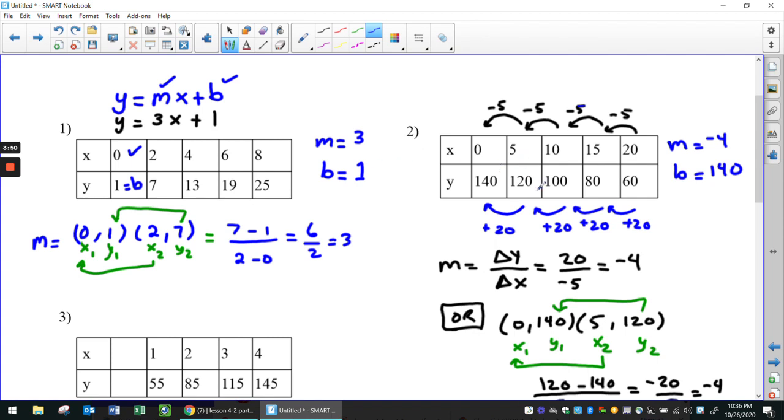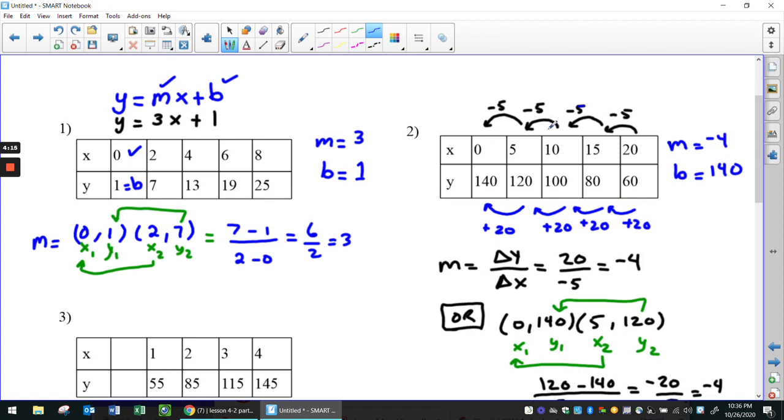Okay, so on number 2, I did something a little different for finding the slope. Notice that every point here on the y-axis is increasing by 20, and every point on the x-axis is decreasing by 5. Or it just depends on how you're looking at it.